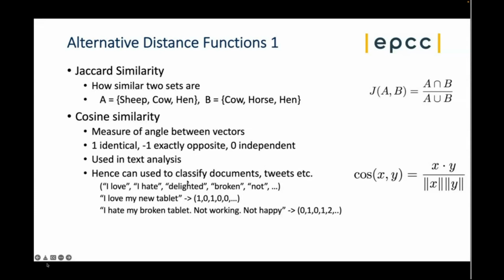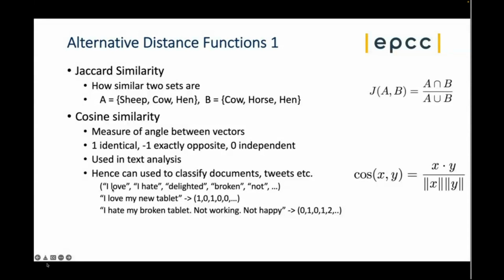Quite often, to represent a document or a piece of text, you turn the whole text into a sparse vector with one number for each word in your vocabulary. So if this is your vocabulary: I love, I hate, delighted, broken, and not. Often a vocabulary will just have single words, but you can have multiple words like this.